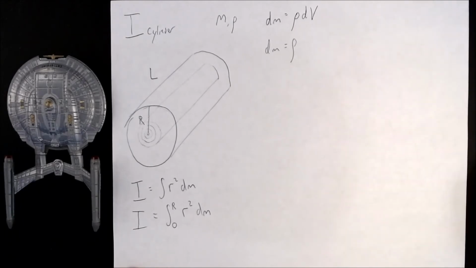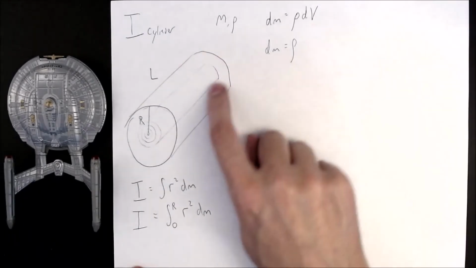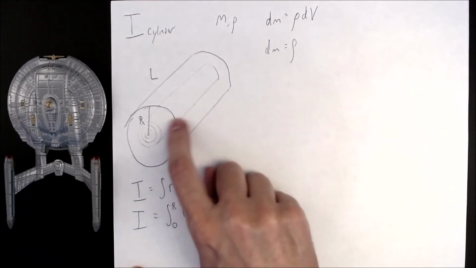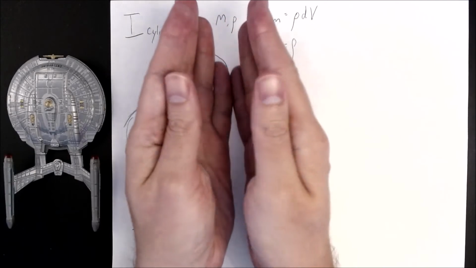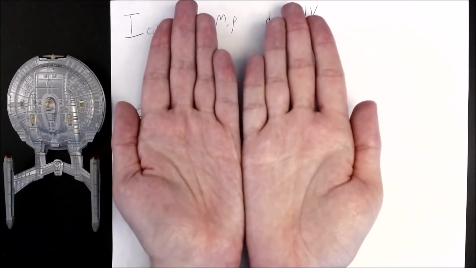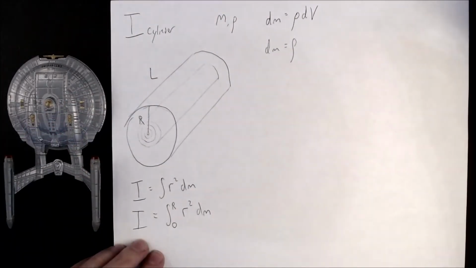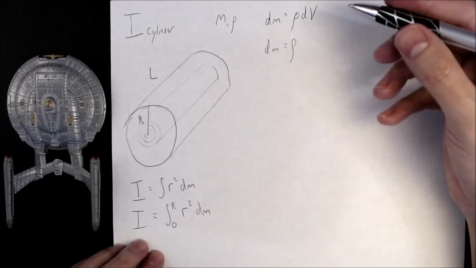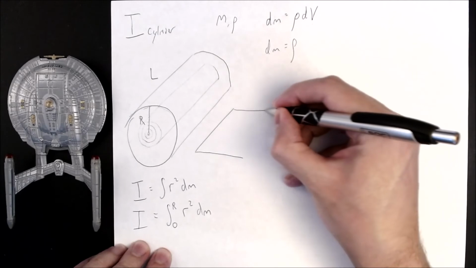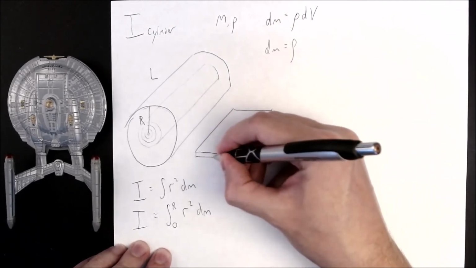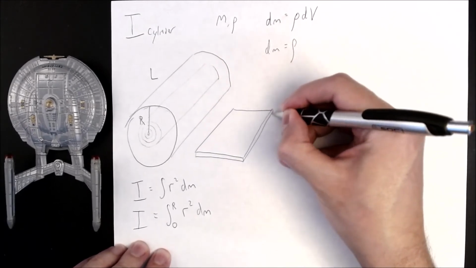We can think about that by imagining this shell in there with several layers under it and several layers over it, and taking that shell layer and unfolding it like that. If we do that, then we can just say that layer is going to be something like this after it's been unrolled.